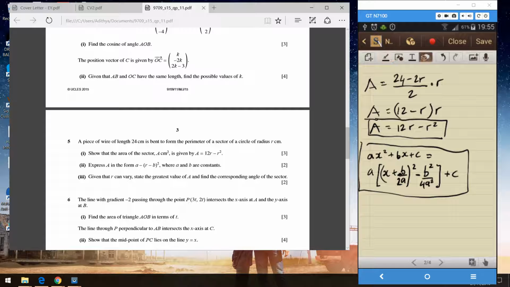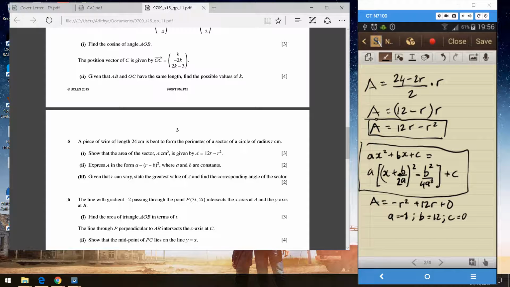So now we have the equation here, a is equal to minus r squared plus 12r plus 0. In this case, a is equal to minus 1, and b is equal to 12, and c is equal to 0. Don't confuse the a's, b's and c's here with the ones in the equations, they're not the same. I'm just using this for my own purposes.